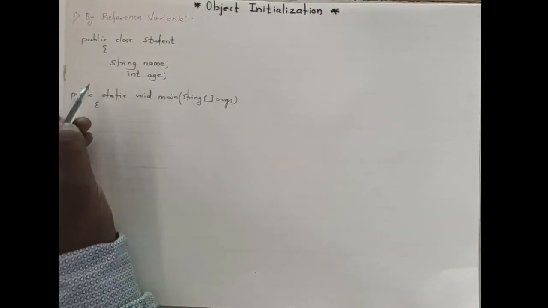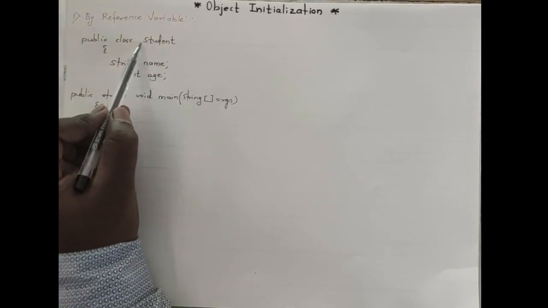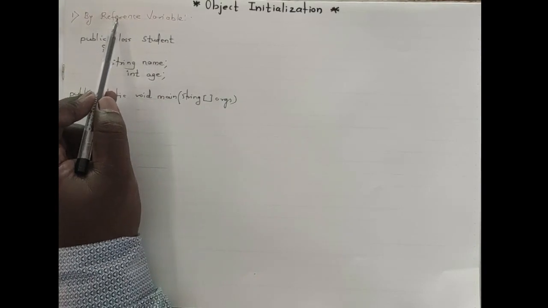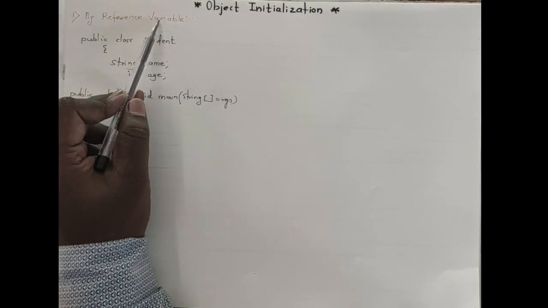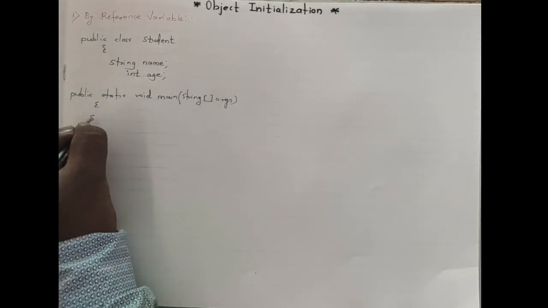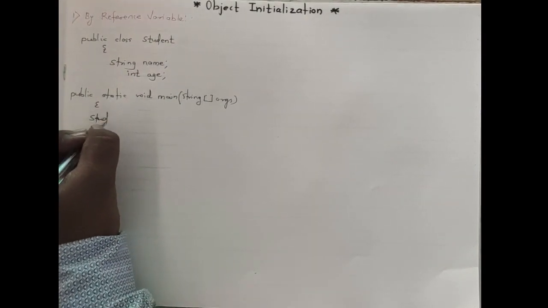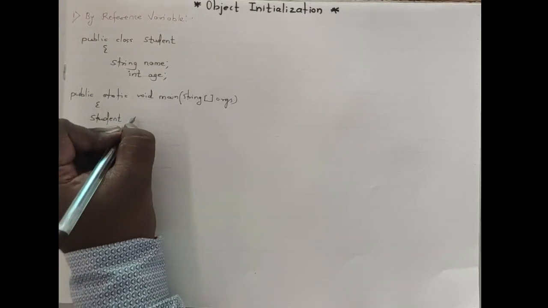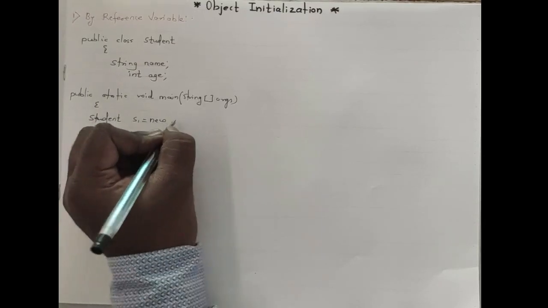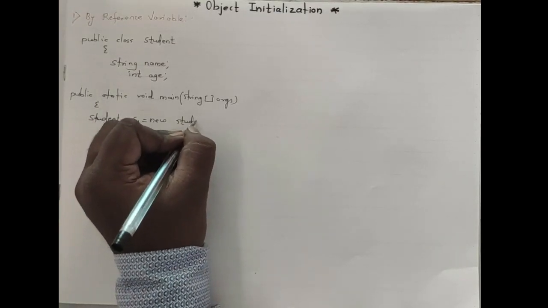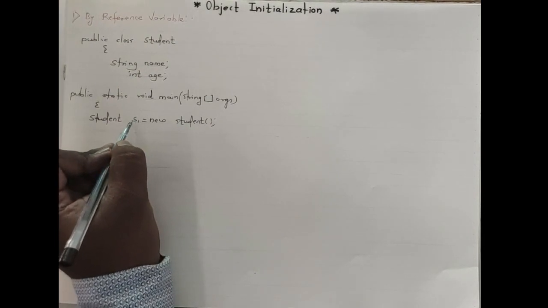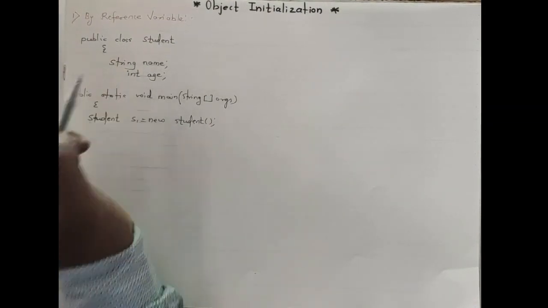First I am creating an object for that class, because we need a reference variable. We know that a reference variable comes with an object. So creating an object for the student class. Student s1 is equal to new Student constructor. So s1 is a reference variable. By using that s1, I am initializing that variable.